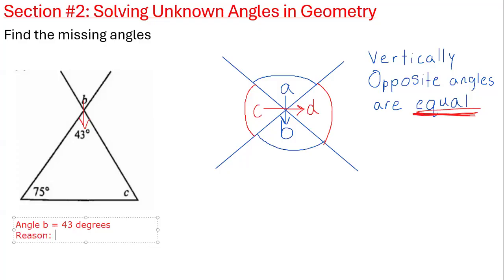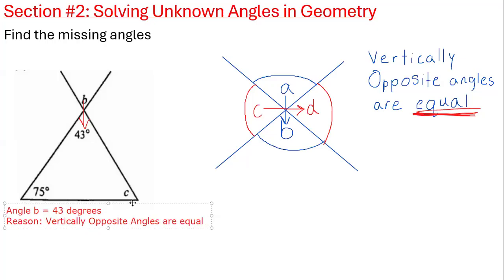Write this down for me, please. Vertically opposite angles are equal. I taught you all this before, right? Yes, sir, you taught that vertically opposite angles, alternate angles, angles on a straight line, angles around a point.